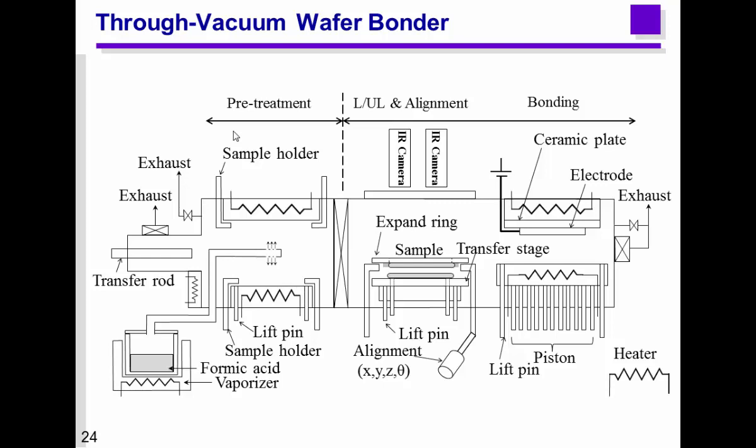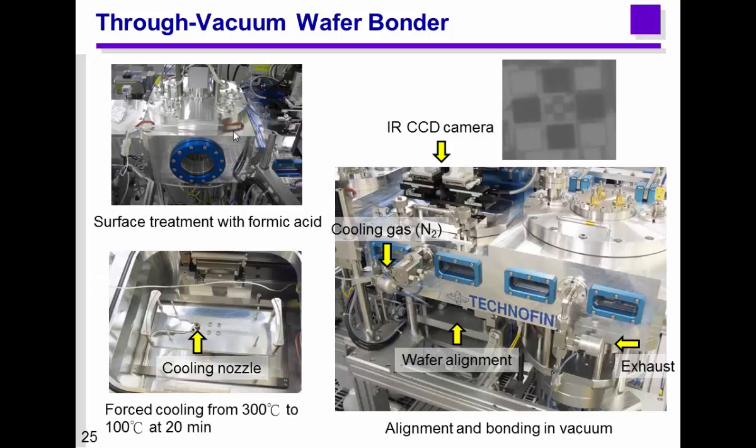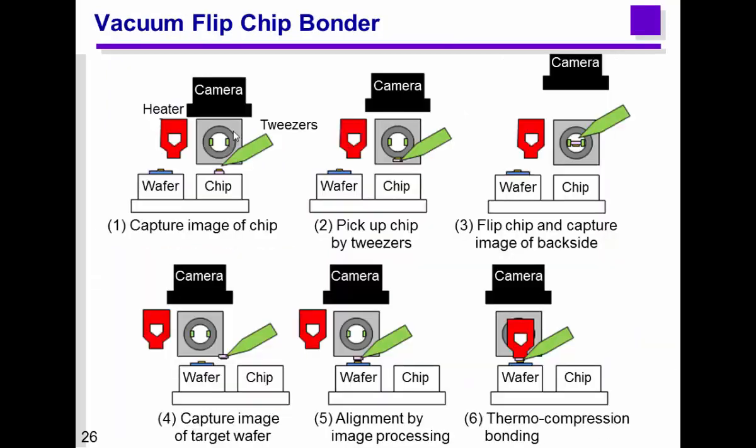But we cannot expose the sample to the air after cleaning. So they are connected in vacuum, and this is a bonding chamber. We can use different sizes of wafer. About 100 pistons are installed at the back side of the bonding stage. We fabricated this one, and it is now commercially available.